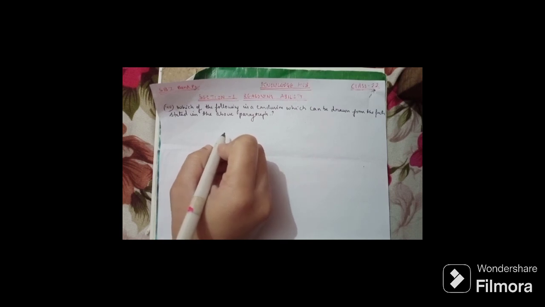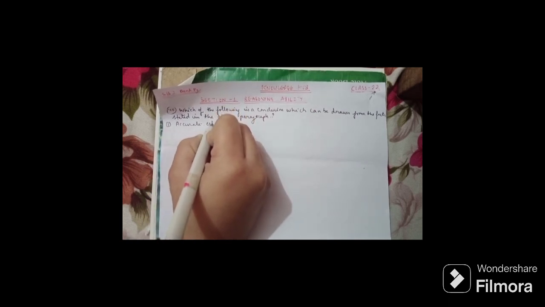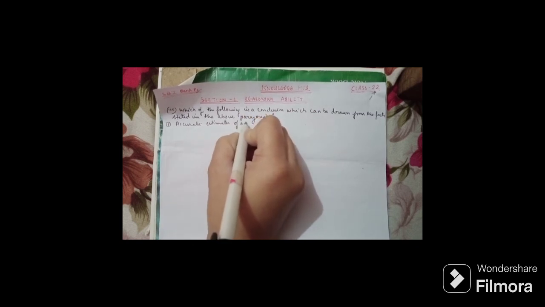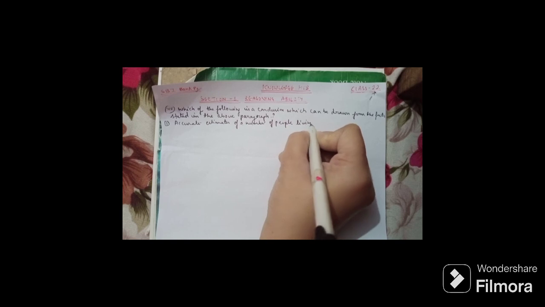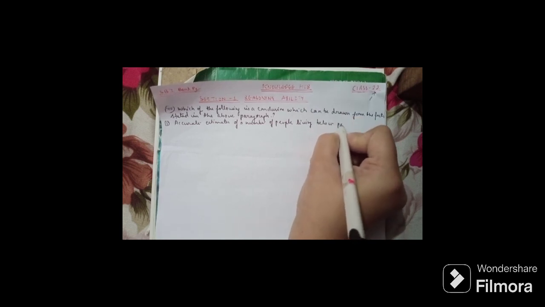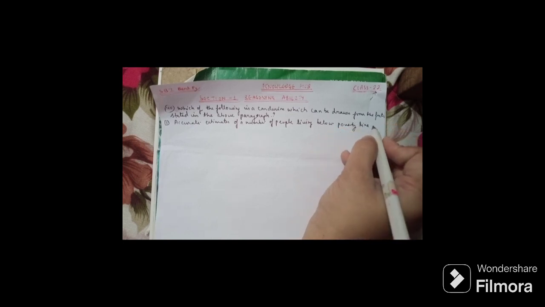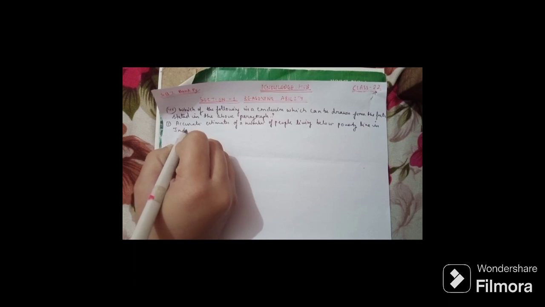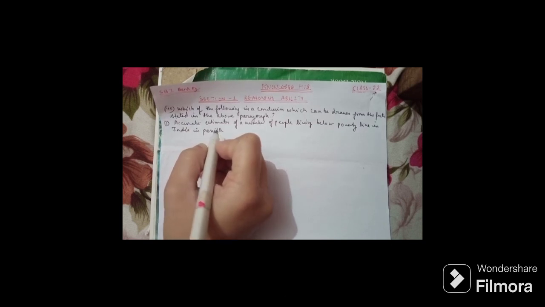So for that, we have a first statement, that is your accurate estimate of numbers of people living below poverty line in India is possible to be made.